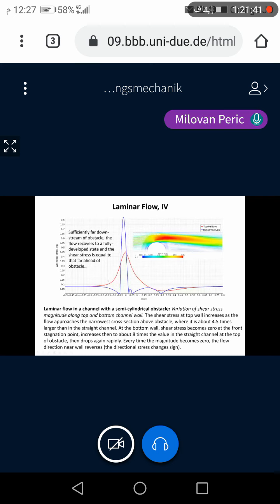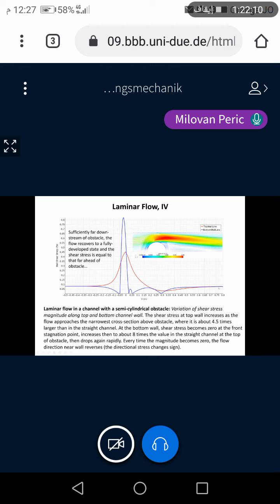And then shear stress increases, and above the obstacle somewhere we have shear stress which is almost 5 times larger than in the straight part. And then the shear stress decreases, and further behind, it becomes much smaller than in the straight duct in front, less than half of it.